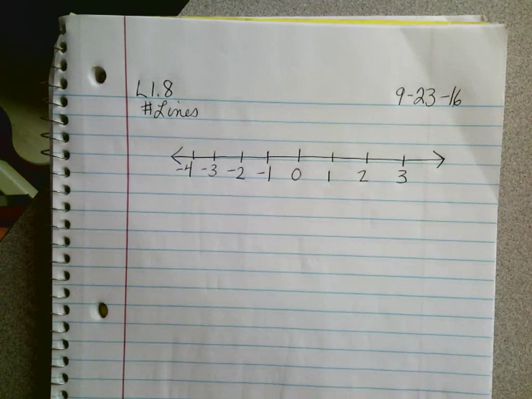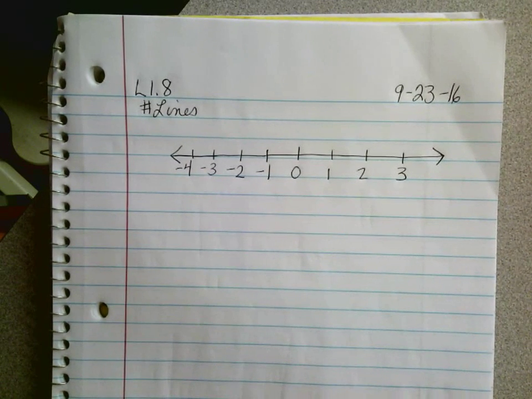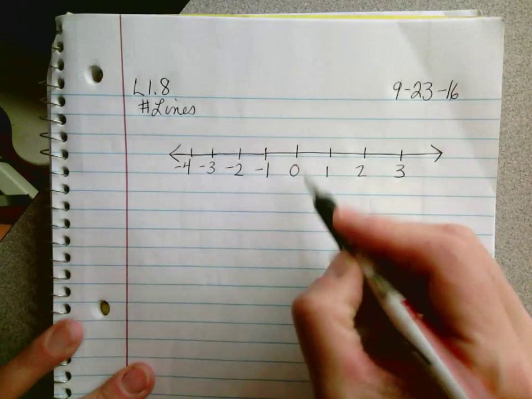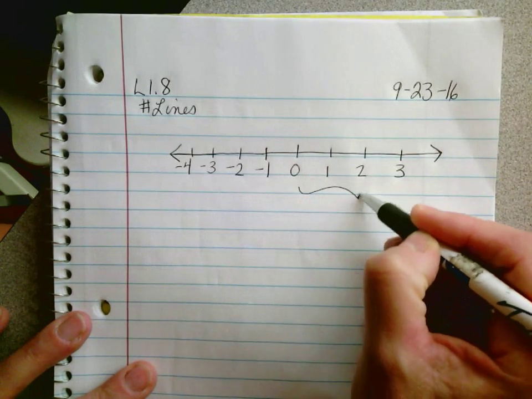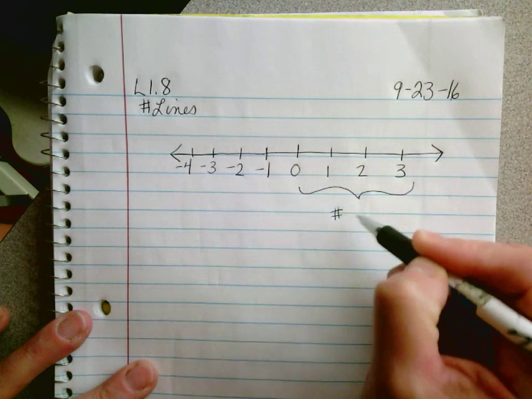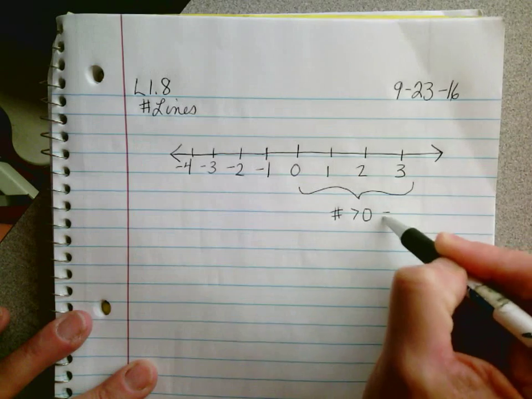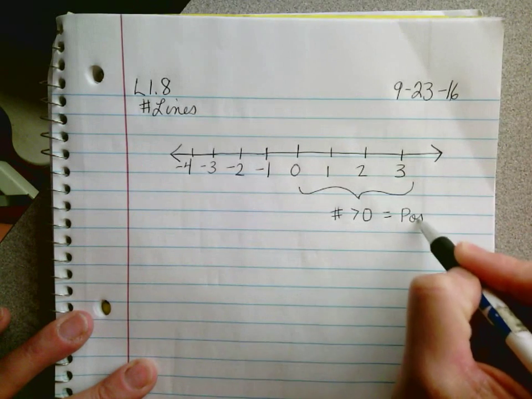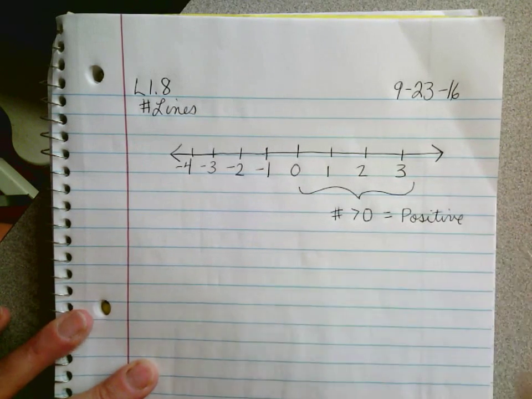If I were to create points along a number line such as this, I could indicate locations with a little dot, right? Okay. Everything above, numbers that are greater than 0, are said to be positive. And they show value, right?